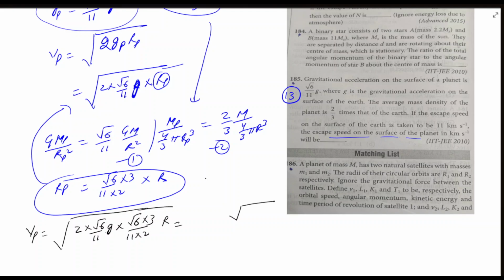Let me remove this part. Root 2 G and R. Other things will be root 6 into root 6, which is 6, into 3 divided by 11 square into 2. So this will be 3. So we have 9 by 11 left.